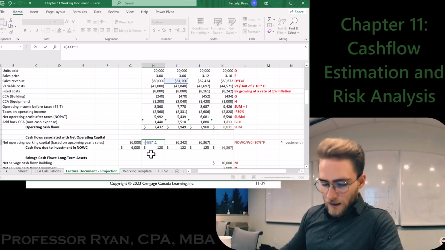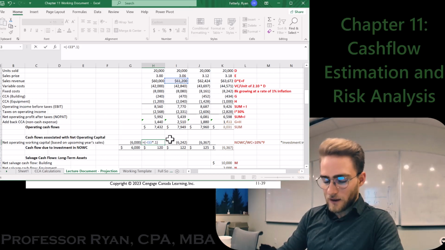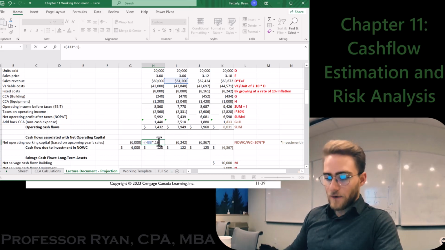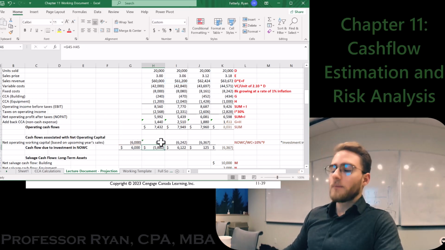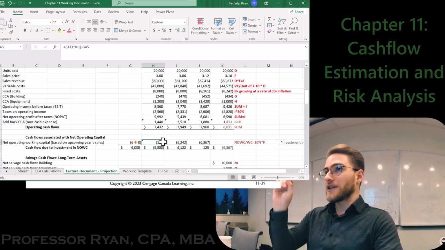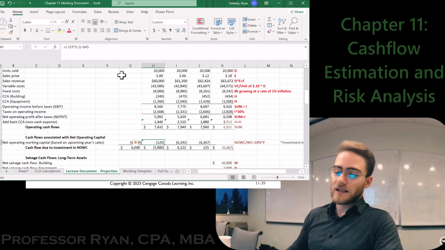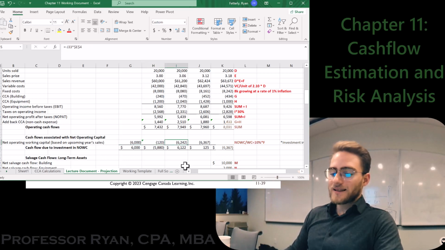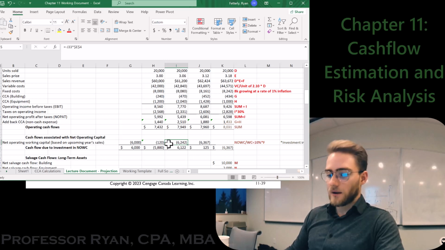And so this is basically the amount that we have to have available. So it was that 6 mil, but then I also factor in that I've already made an investment of 6 mil. So, oh, there we go. So my net investment that I have to make for the next year is only 120,000 because I've already invested 6 mil.